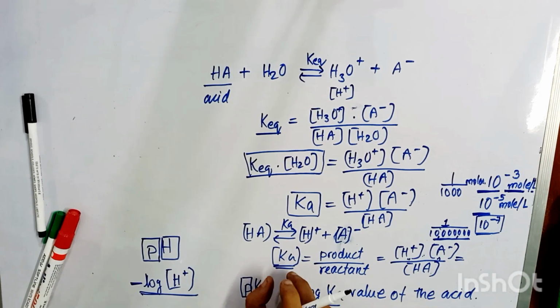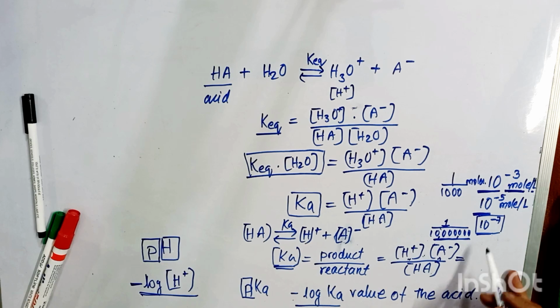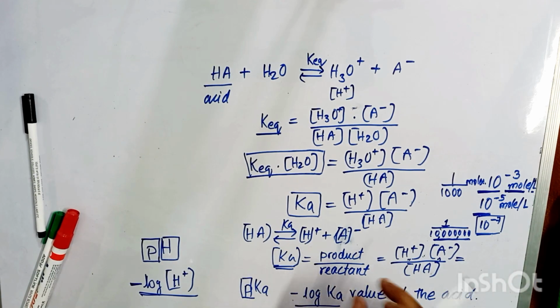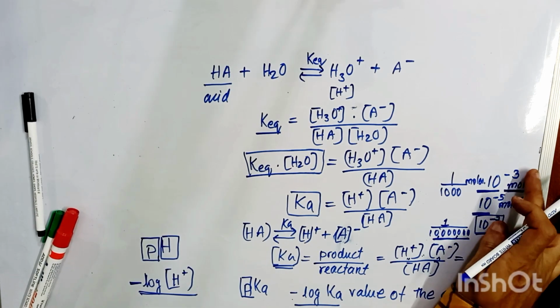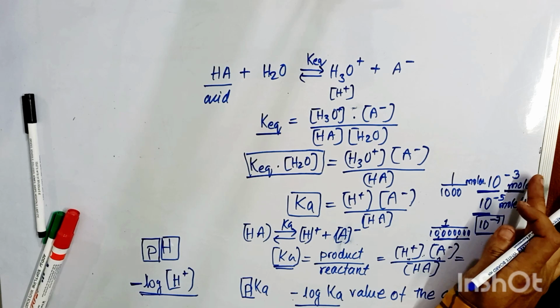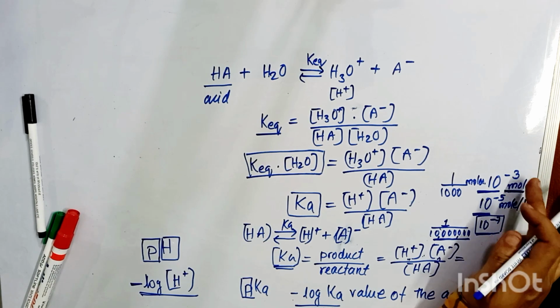So if the Ka value gets lower, that means 10 to the power minus 7, and if the Ka value goes higher, it is around 10 to the power minus 3 for an acid. These are very strong mineral acids like hydrochloric acid and phosphoric acid.